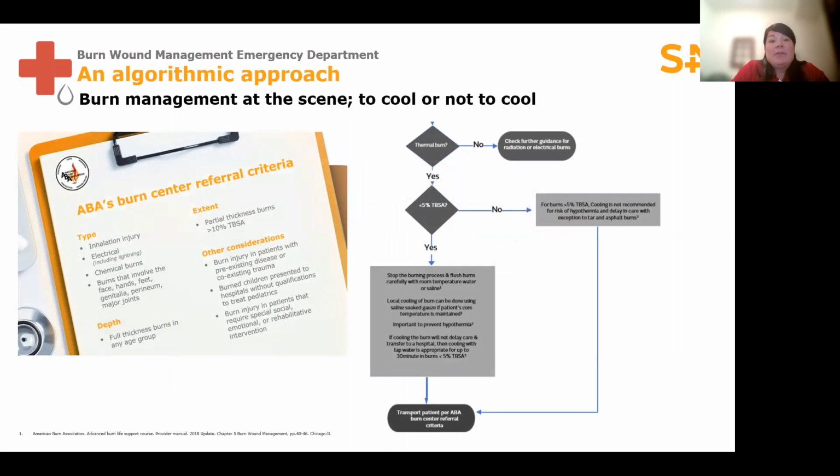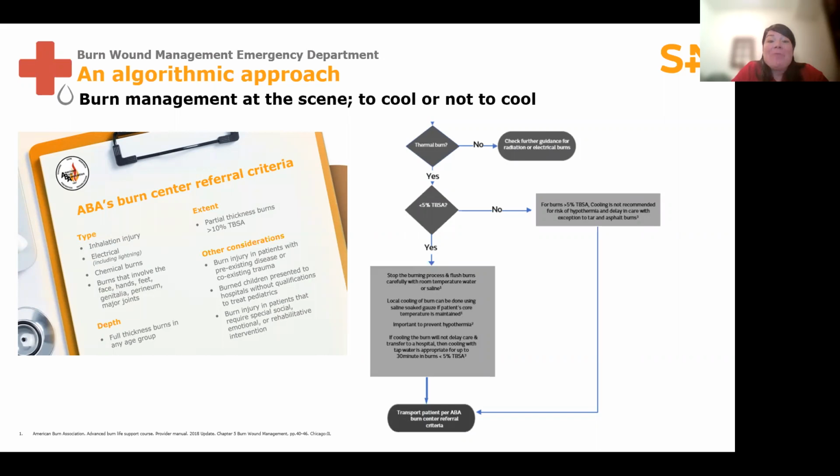So if it's not a chemical burn, and it's not a tar asphalt burn, we are not talking about radiation burns for purposes of today's webinar education session, then more than likely it's going to be a thermal burn. Thermal burns are one of the most frequent burn injuries or types.